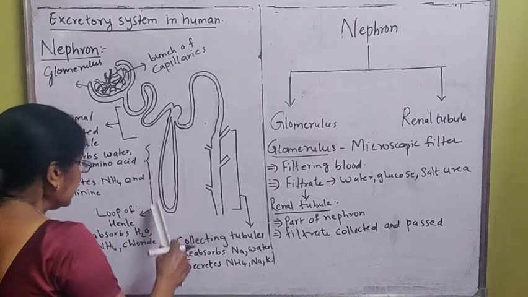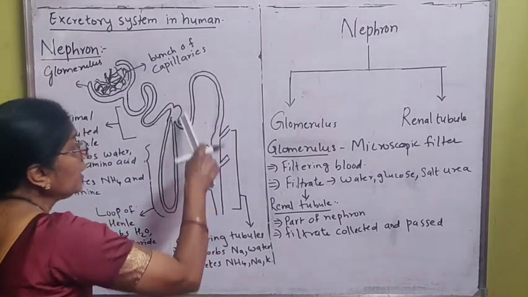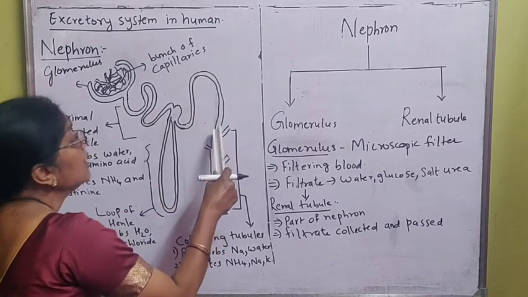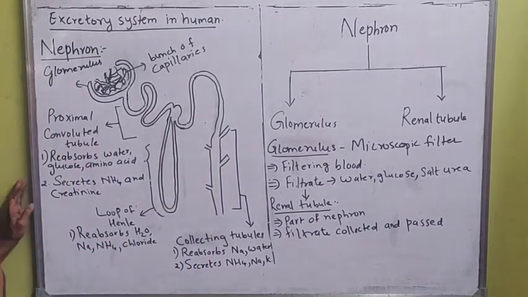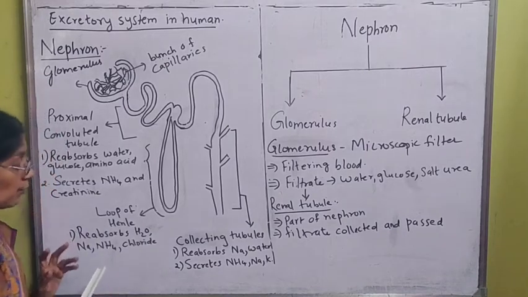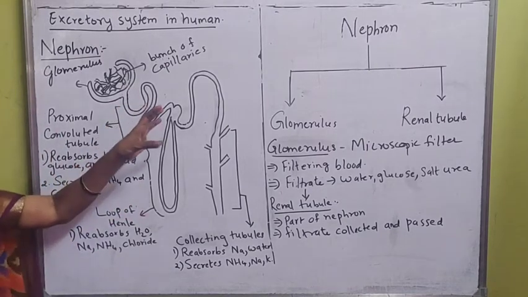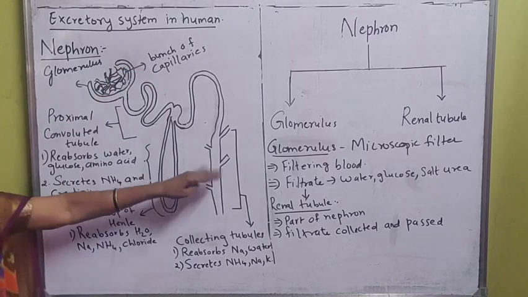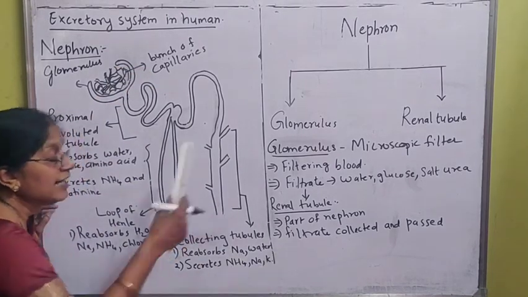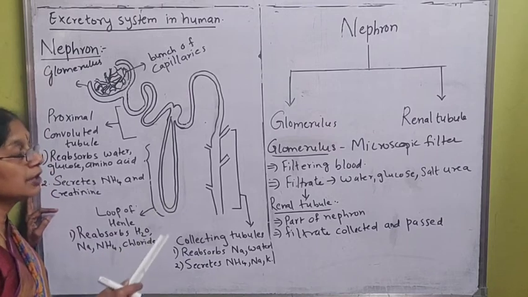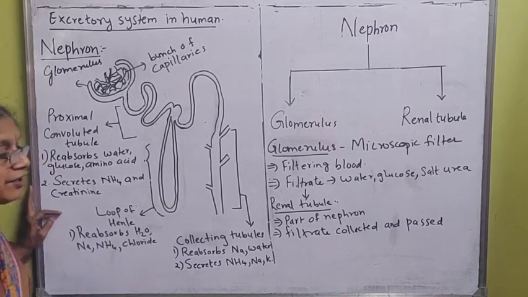Then this loop of Henle will open up till here. It is here that your collecting tubules start. Whatever is remaining will flow into the collecting tubules. It will also reabsorb sodium and water. It secretes ammonium, sodium and potassium.